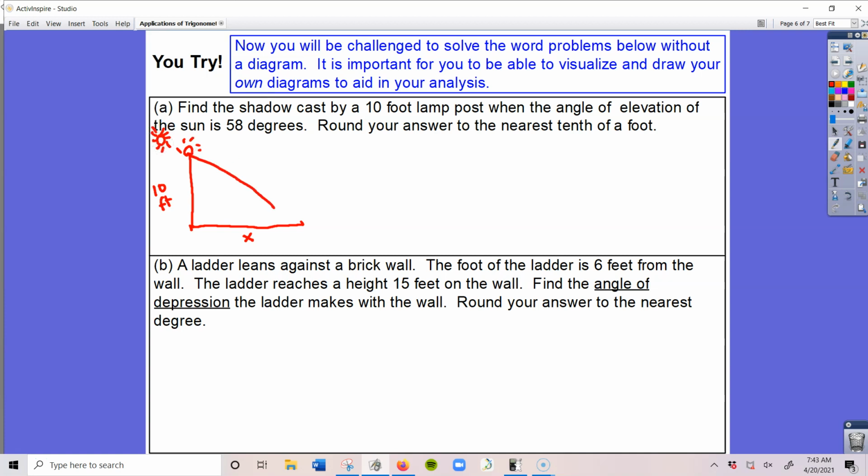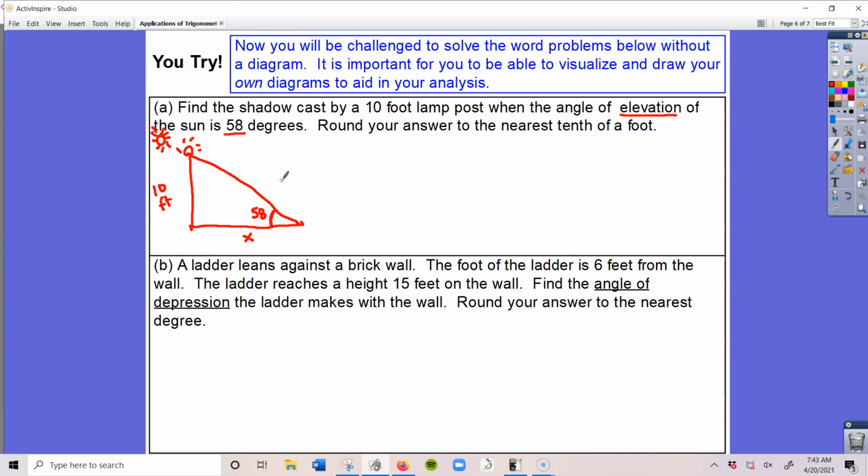So this is my triangle. It says that the angle of elevation of the sun is 58 degrees. Remember that the angle of elevation is always from the ground looking up. So that would be this angle here, 58 degrees, since we are looking up towards the sun.